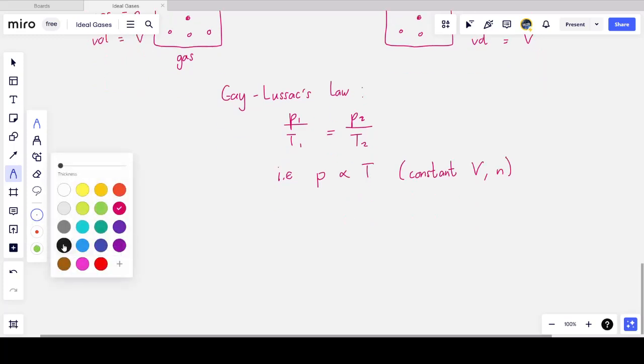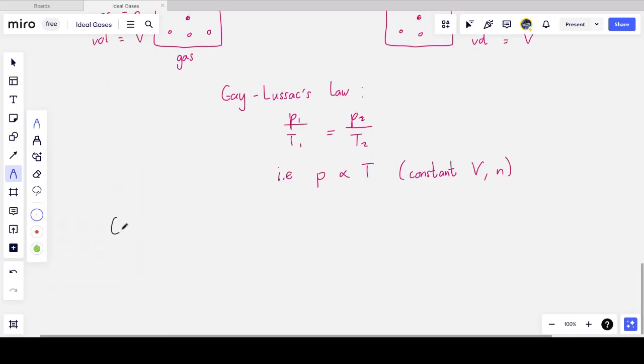Now, if we do a little bit of mathematics and I combine the three proportionalities, I get PV is proportional to T. Write it in this way.